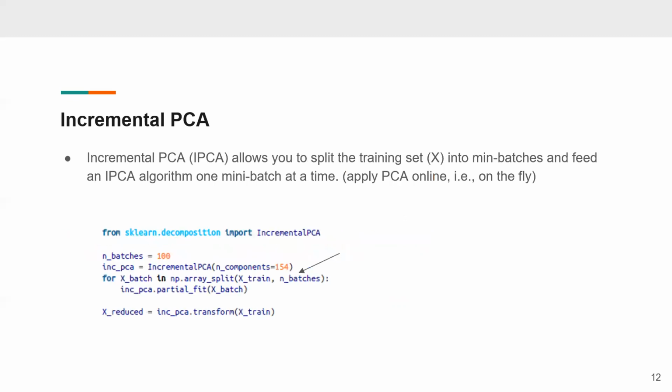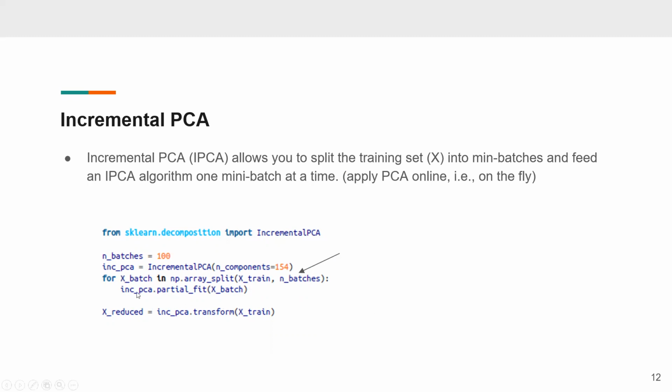The second variation is called incremental PCA, also known as IPCA. It allows you to split the training set into mini batches and feed an IPCA algorithm one mini batch at a time. In other words, we could apply PCA online on the fly.